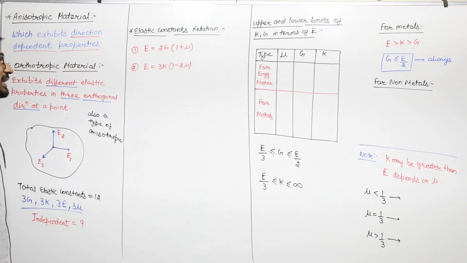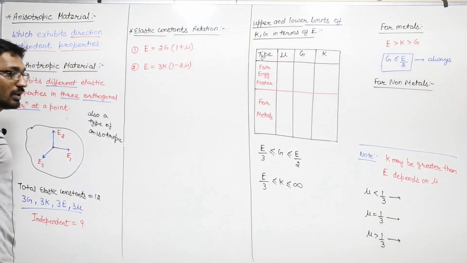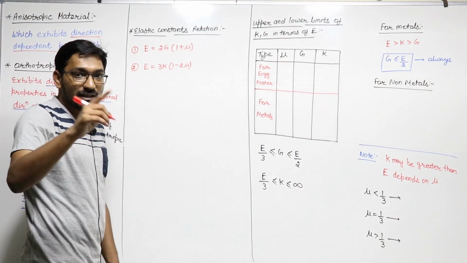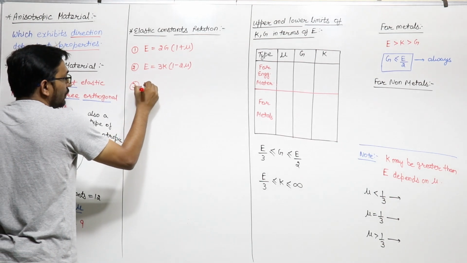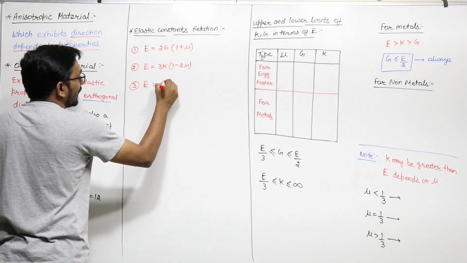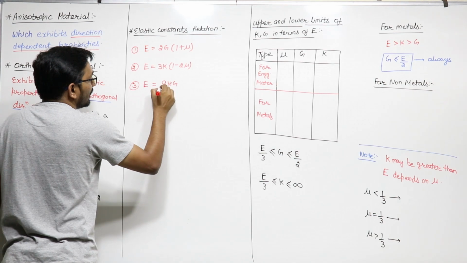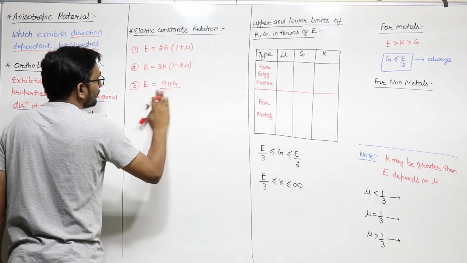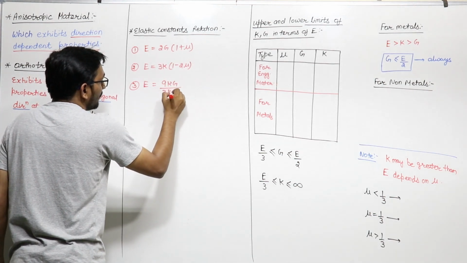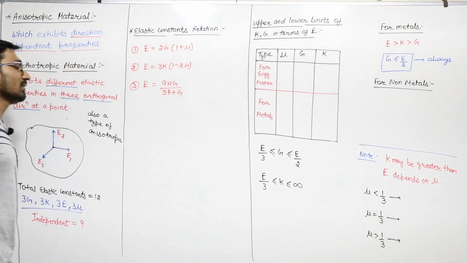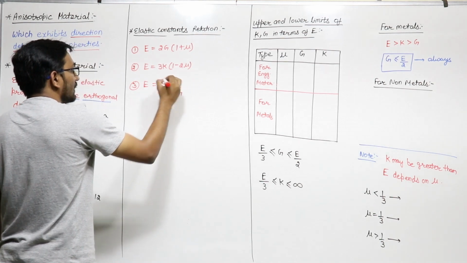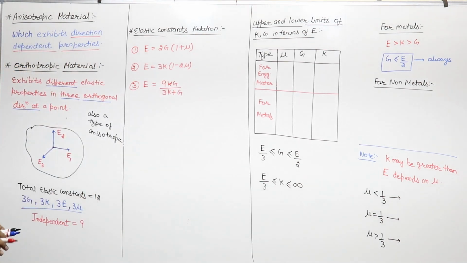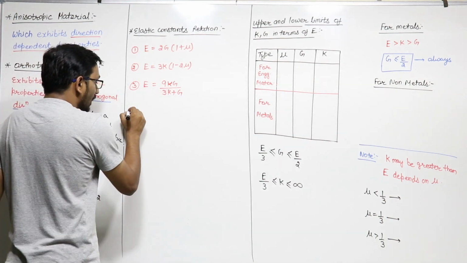And the relationship between E, K and G is, you have to learn this, E is equal to 9KG divided by 3K plus G. These are the 3 elastic constant relations.